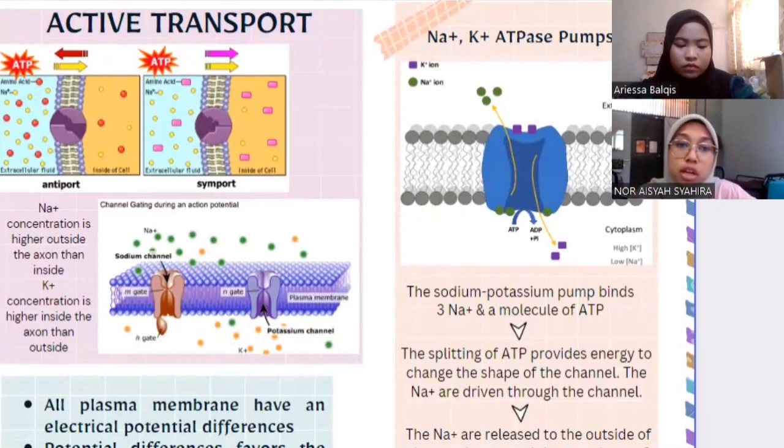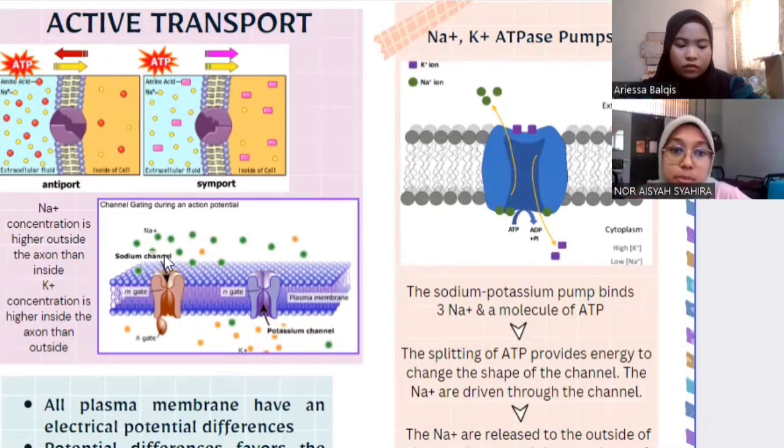As we know from this picture, the Na+ concentration is higher outside the axon than inside, whereas the potassium concentration is higher inside the axon than outside.